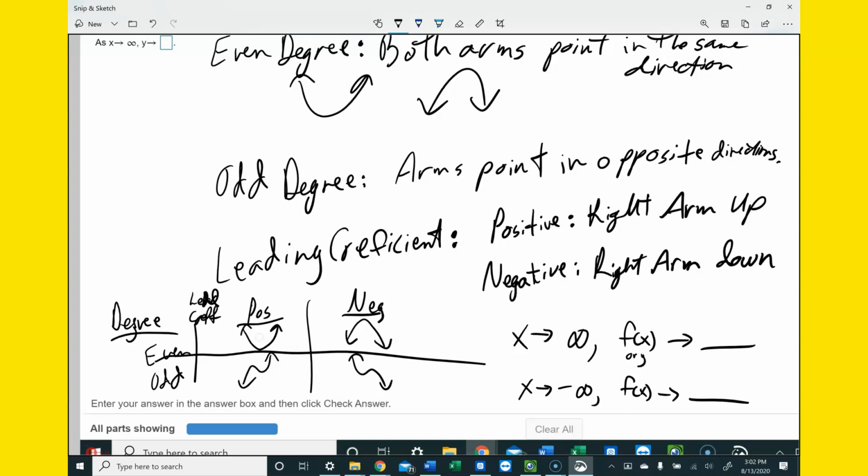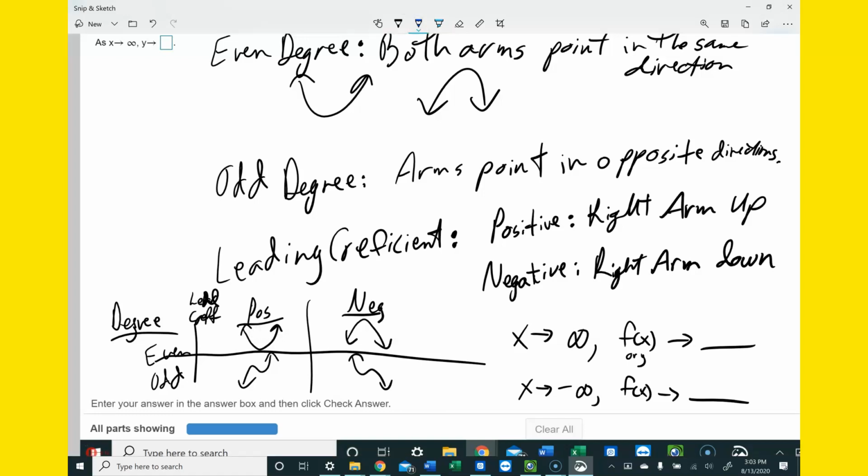Like if we're looking at this situation, the even positive, then as x approaches infinity, that means you look as far to the right as possible. And if you look far to the right, where's the function going vertically? It's going up to positive infinity. And as x approaches negative infinity, it means you look as far to the left as possible. Where's the function going vertically? It's going to positive infinity on that side as well.